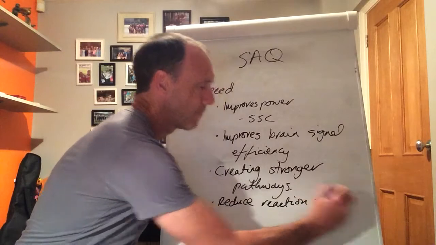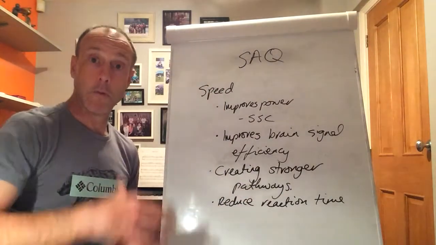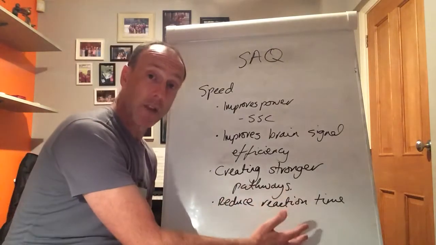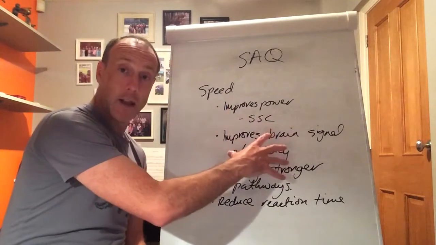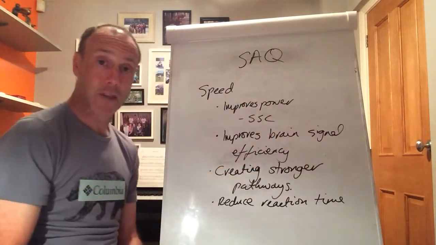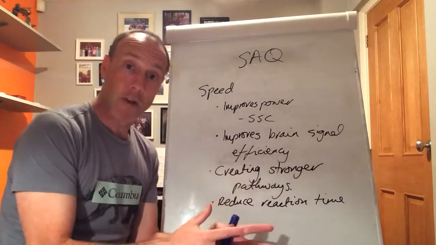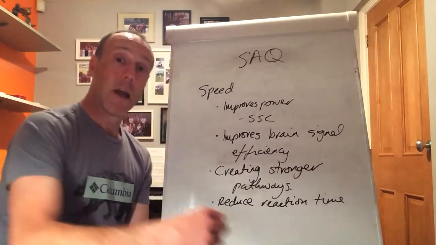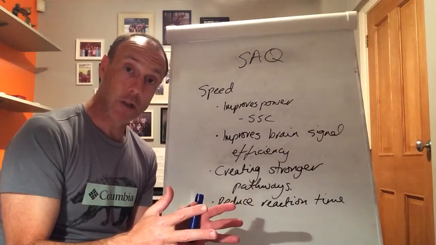Now, we talked about that in information processing. You know, ways in which we can improve speed is actually reducing reaction time. So how do we reduce reaction time? By improving the brain signal efficiency. If I'm delivering impulses at a more efficient rate into those motor units, and then my muscles can contract faster, I've reduced my reaction time.